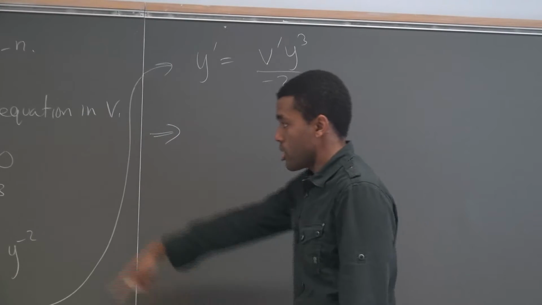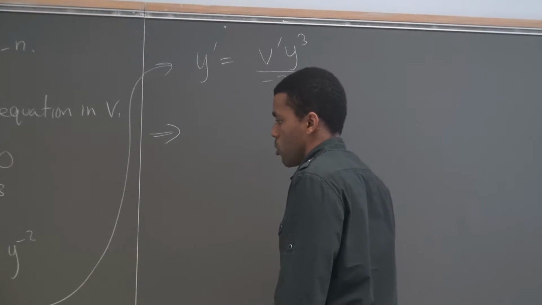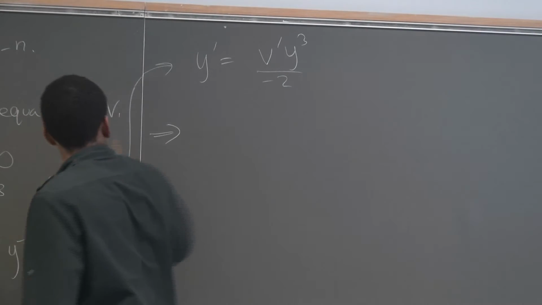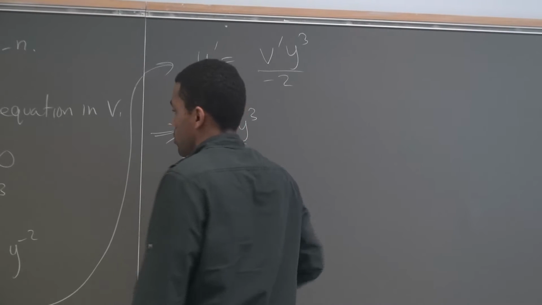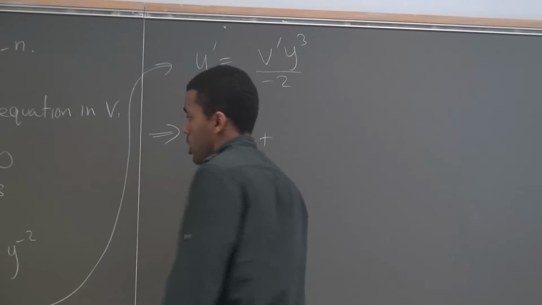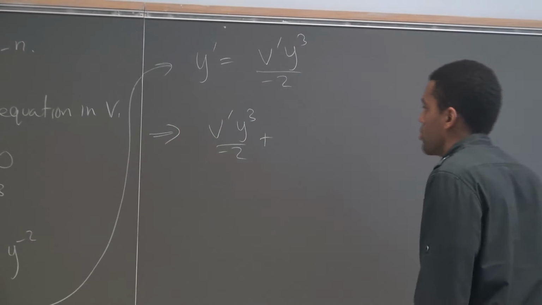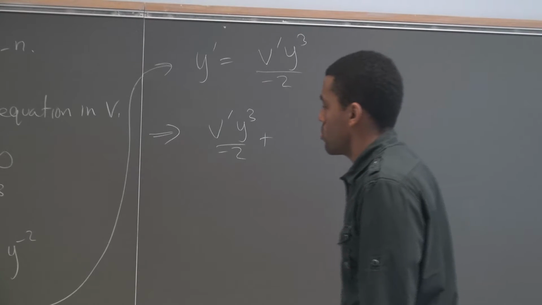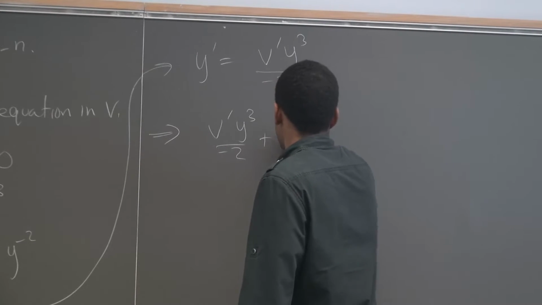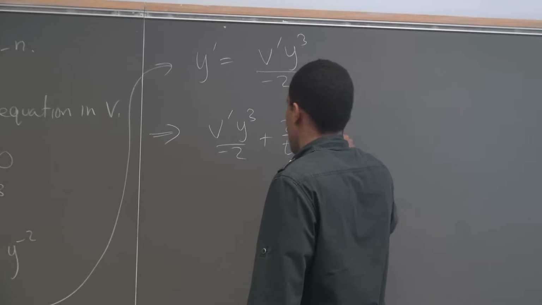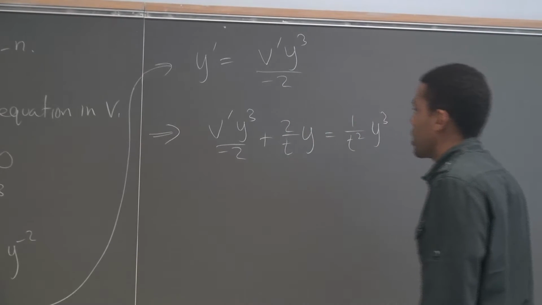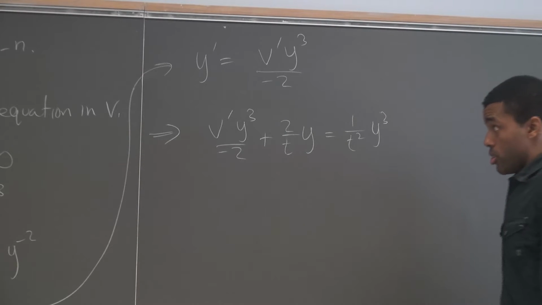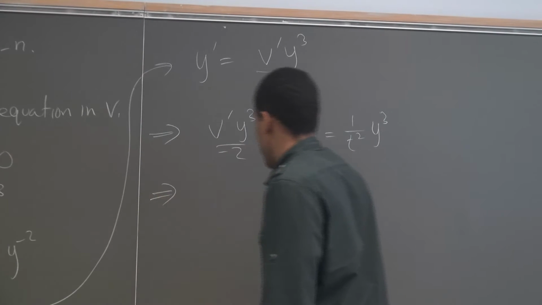And now I can start to plug these into my differential equation. Y prime, I will replace with v prime y cubed over minus 2, plus, let's leave this for a second, because we're going to see what happens. Now you can divide both sides by y cubed, right?